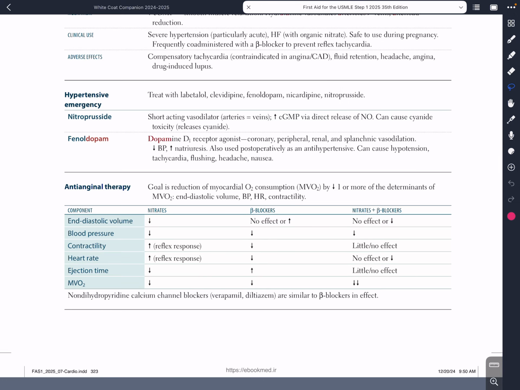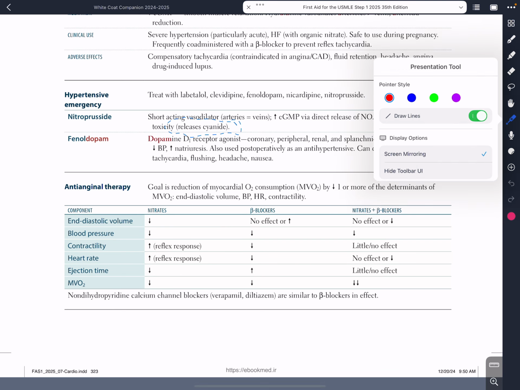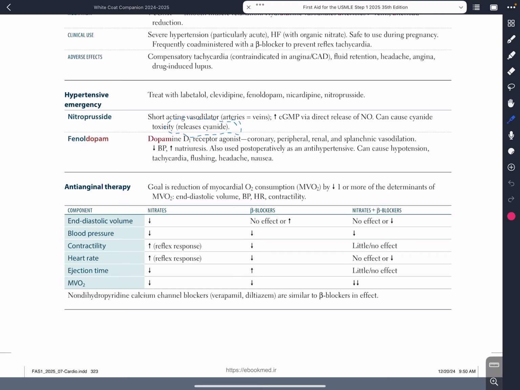It can cause cyanide toxicity by releasing cyanide.